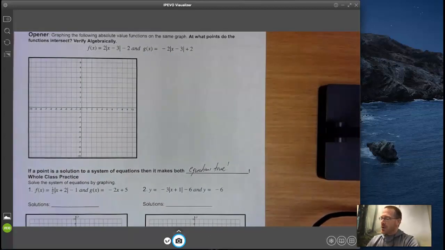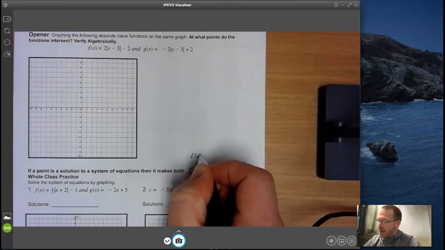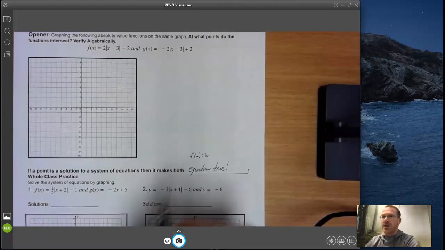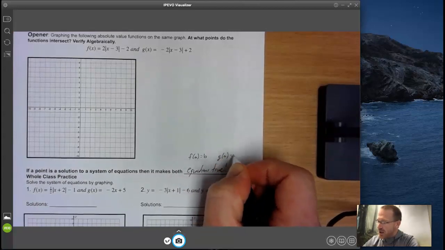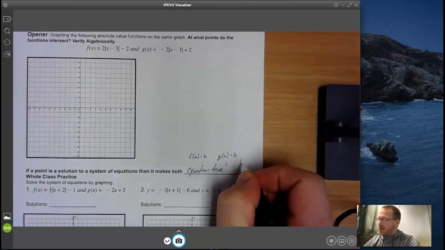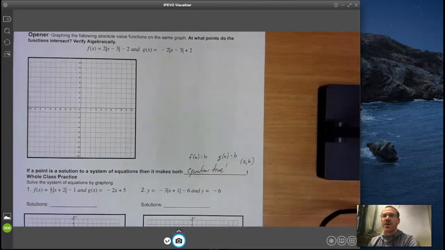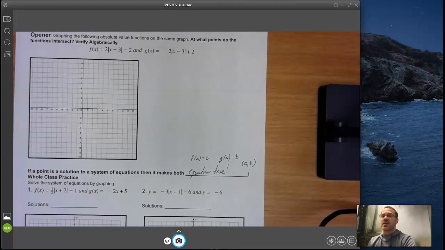So if I plug a in here and I get b, and if I plug a into g, I should get that same value. So it makes both true and we get the same value. What this is saying is that the point (a, b) is a solution to both equations, which then means it is an intersection of those 2 graphs.